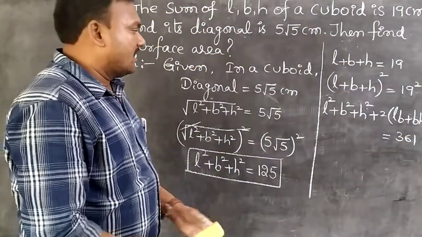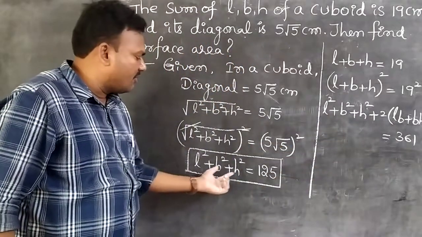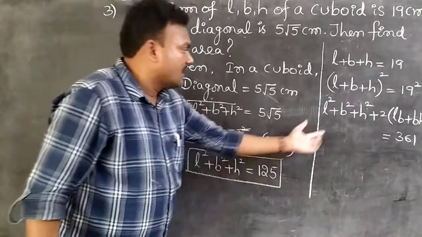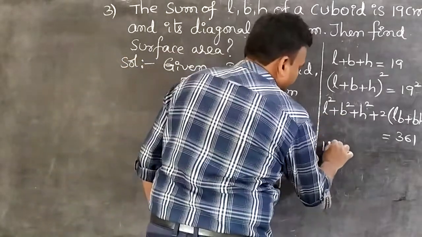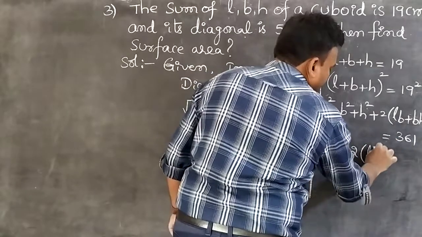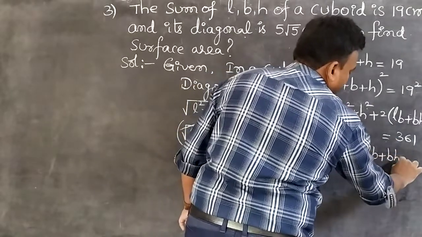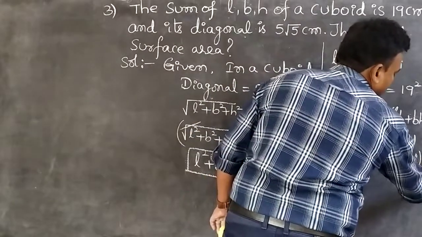Right. Observe here, L square plus B square plus H square, we can get the result. How much is the value? 125. So replace with 125, students. So 125 plus 2 of (LB plus BH plus HL) equal to 361.